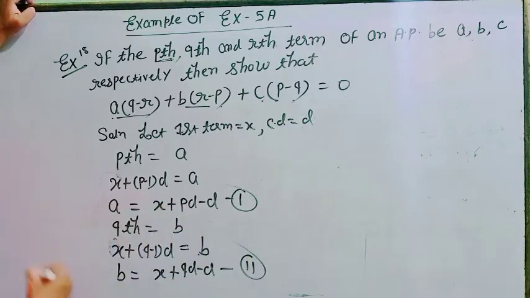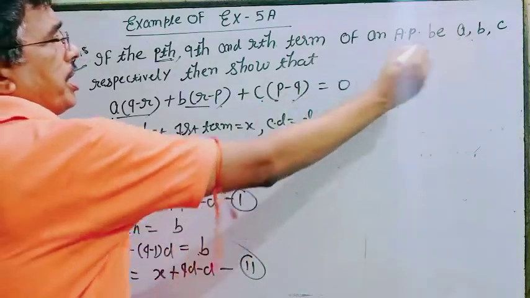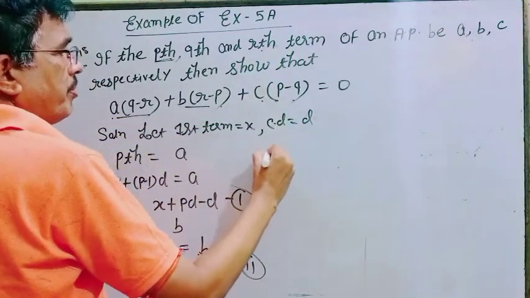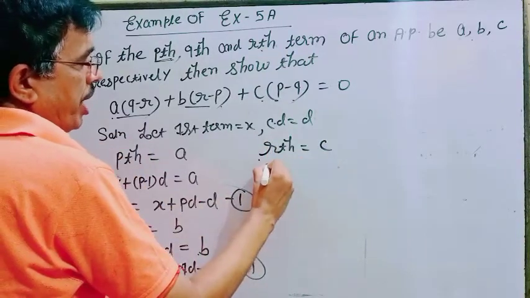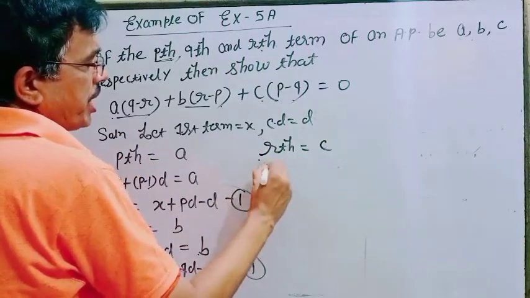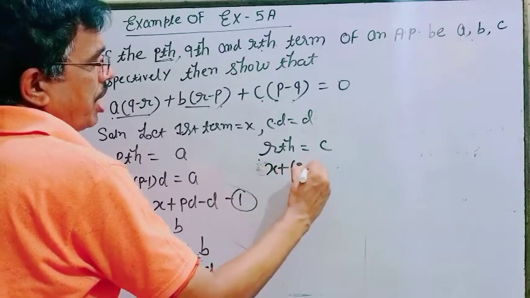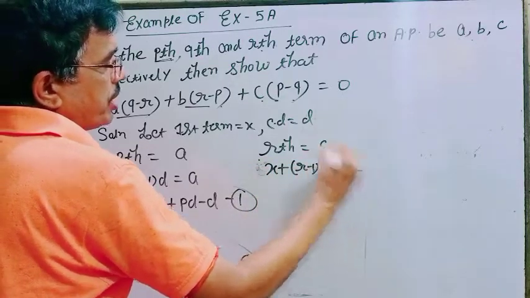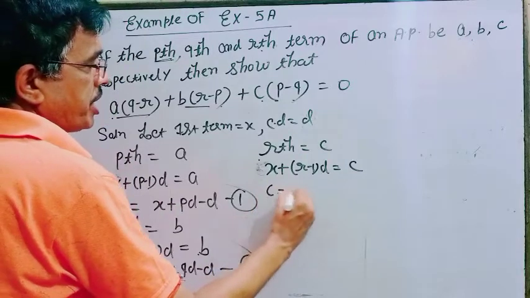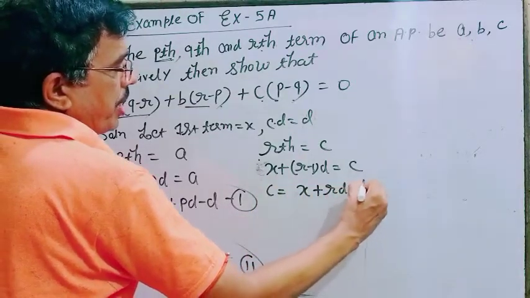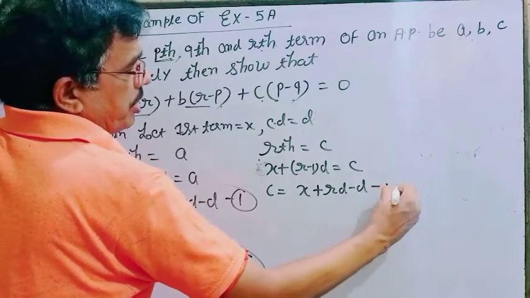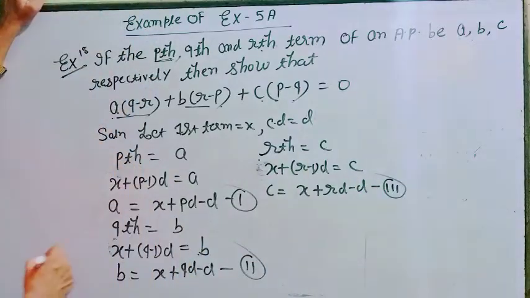That is the second equation. Third, it is given that the rth term is C. So you write x plus (r minus 1) into d is equal to C, so C is equal to x plus rd minus d. That is the third equation.